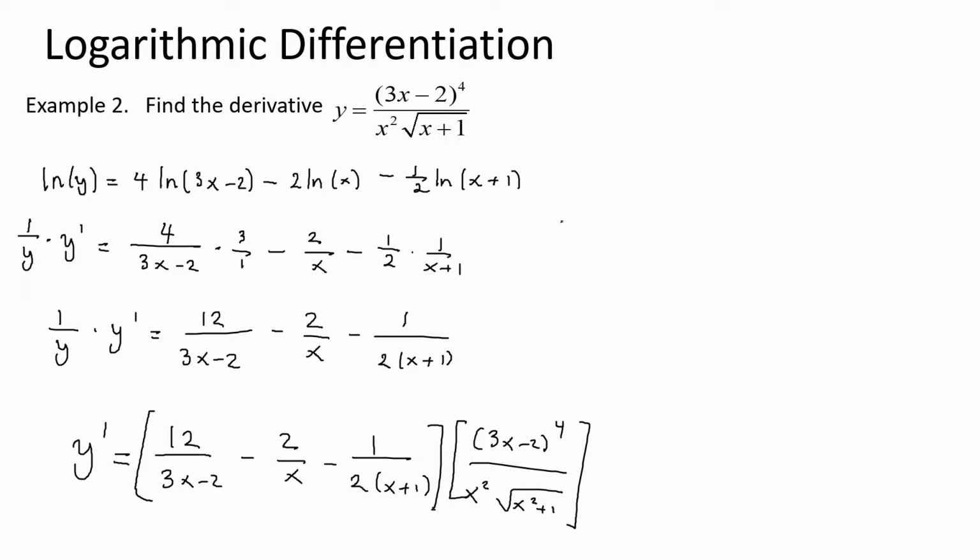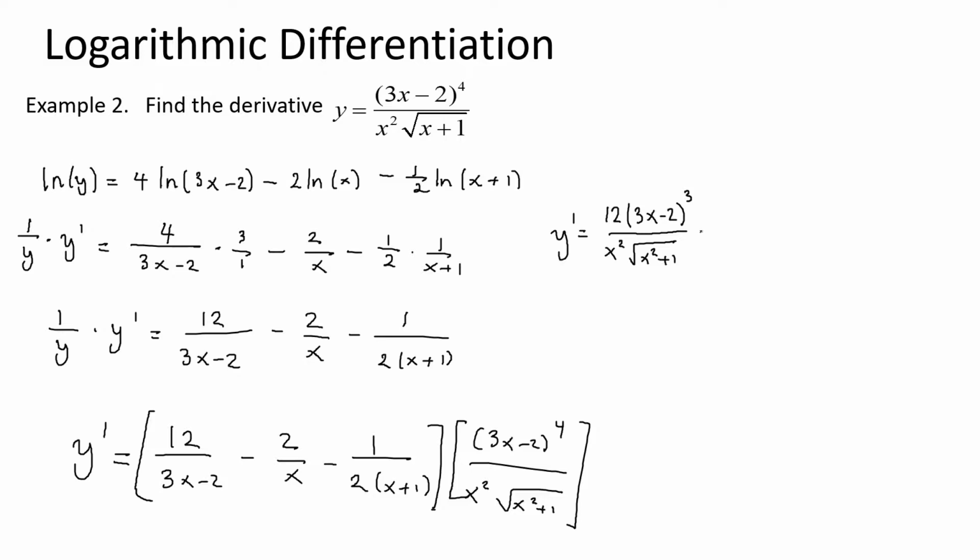The final step will be just distributing that in. So y prime will equal 12 times 3x minus 2 to the 3rd over x squared times square root of x squared plus 1.